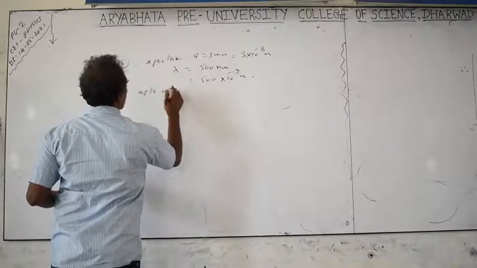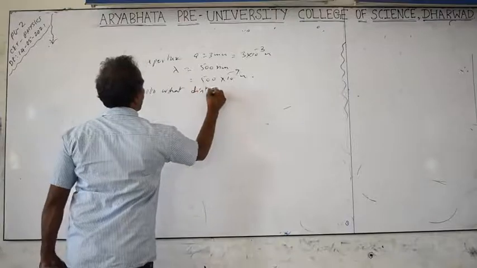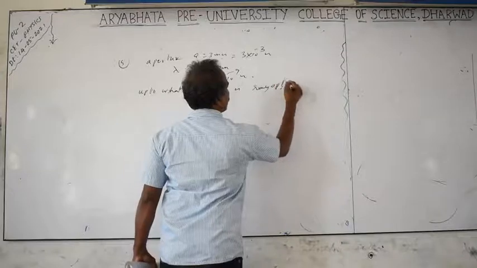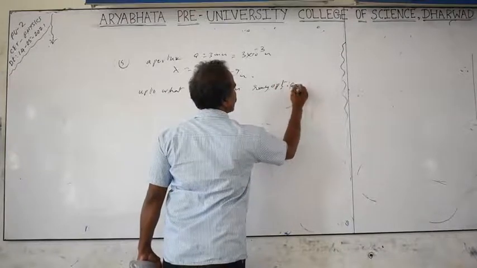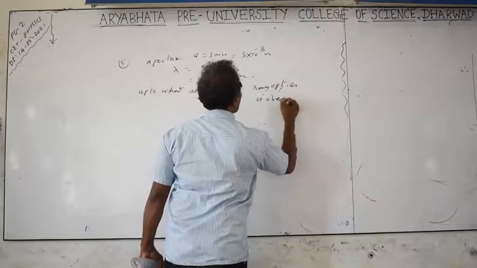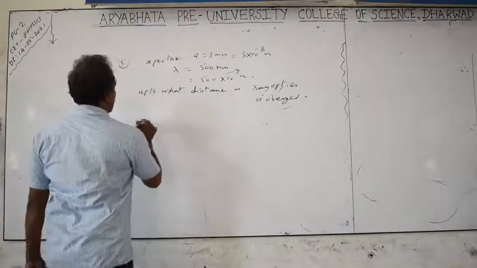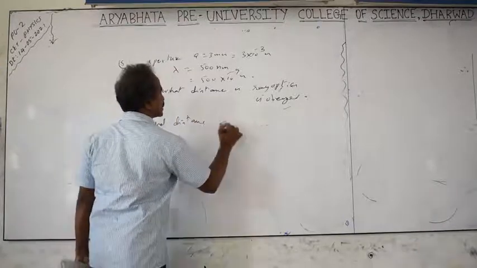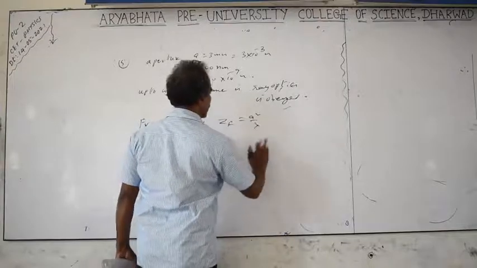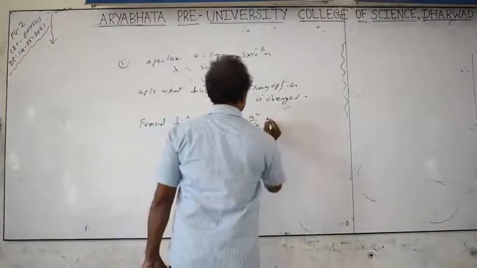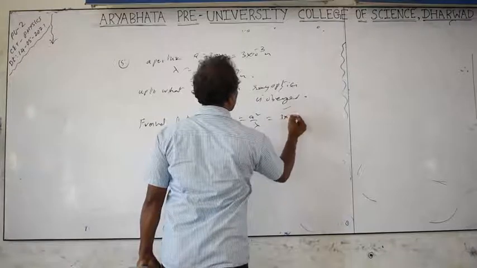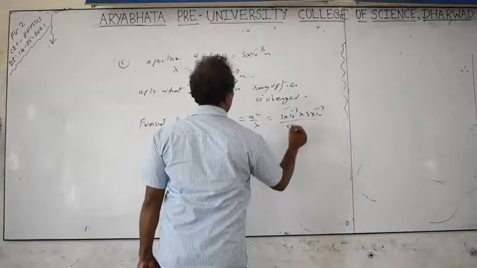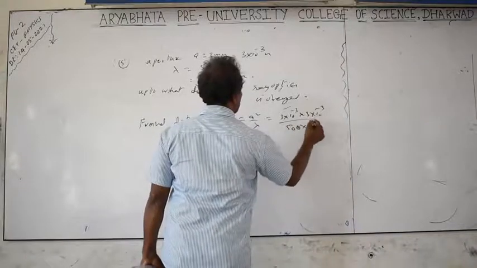Up to what distance is ray optics approximately obeyed? That is the Fresnel distance, which is equal to A square by lambda. That is (3 into 10 to the power of minus 3) squared by 500 into 10 to the power of minus 9.